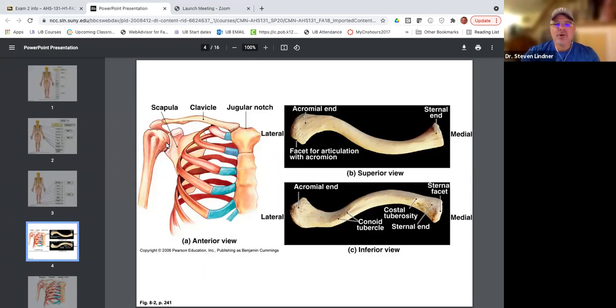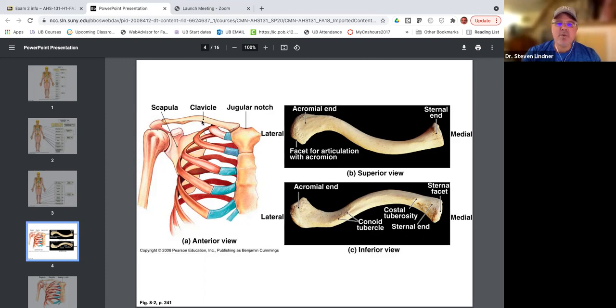But the shoulder girdle incorporates this bone here, the clavicle, which acts like a strut bone that keeps the scapula on the posterior rib cage.